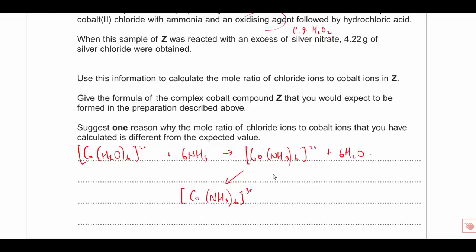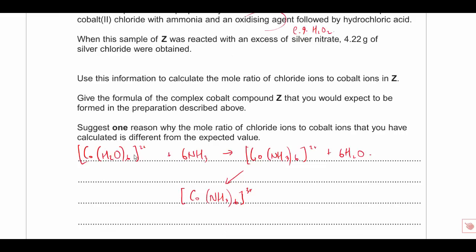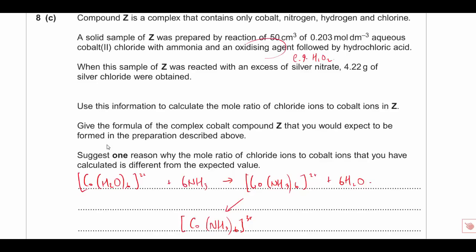Key thing. Now we're told that we start with 50 centimetres cubed of 0.203 moles per decimetre cubed aqueous cobalt(II) chloride. So we can work out how many moles we've got of this cobalt(II) chloride. Not a problem.